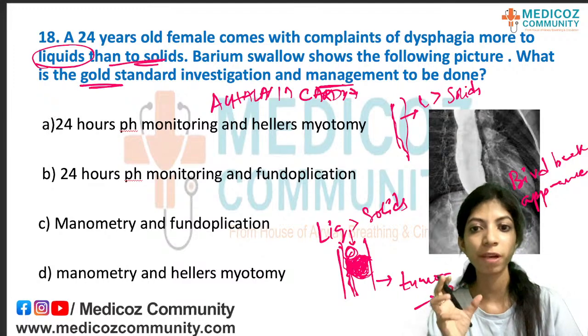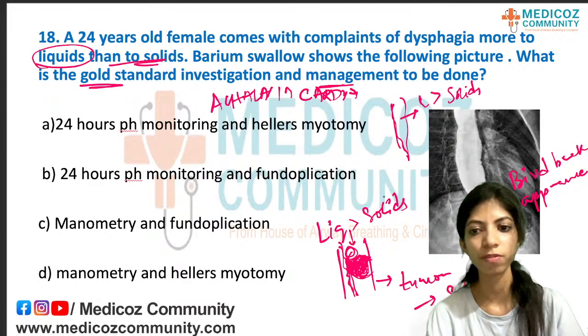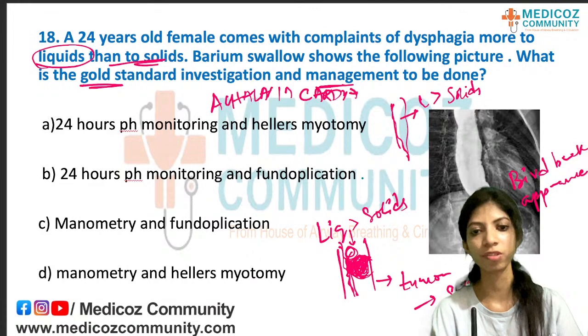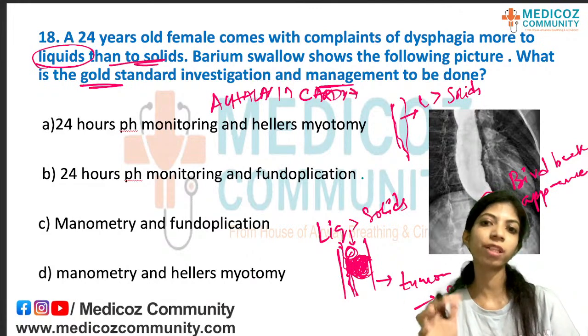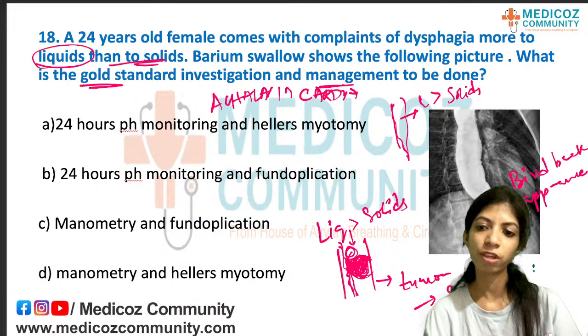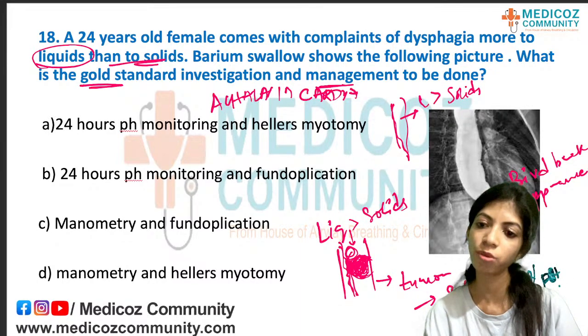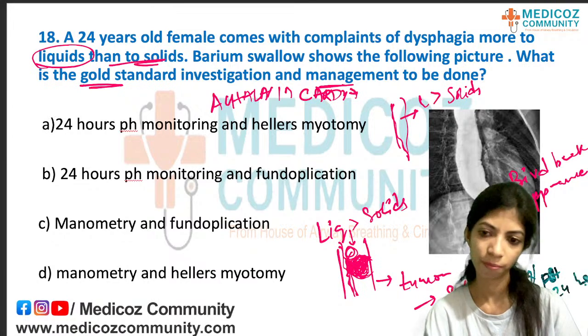You have to monitor the pressure there. For motility disorders you go for manometry rather than pH monitoring. pH monitoring, where will you do? In case of GERD, if the lower esophageal sphincter tone is lost, there is reflux of acid from the stomach into the esophagus. So here you will monitor the pH for 24 hours.